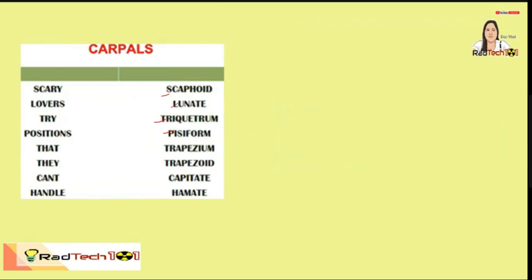Then sa distal, we have trapezium, trapezoid, capitate, and hamate. So: scary lovers try positions that they can't handle. It represents scaphoid, lunate, triquetrum, pisiform, trapezium, trapezoid, capitate, and hamate.